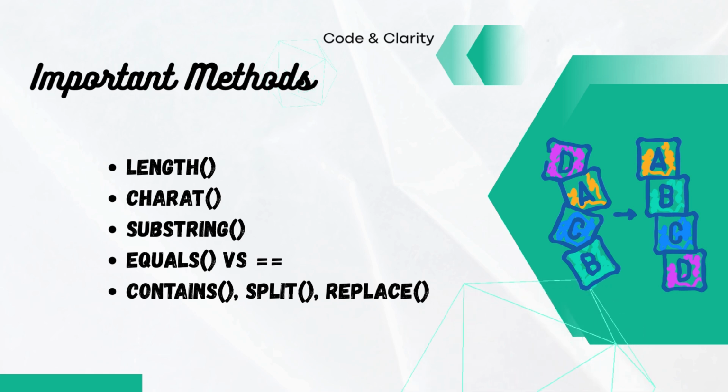Next one is contains(), which checks if a substring exists or not. The next one is split(), which breaks a string into parts using a delimiter. And the next one is replace(), which replaces characters or substrings.